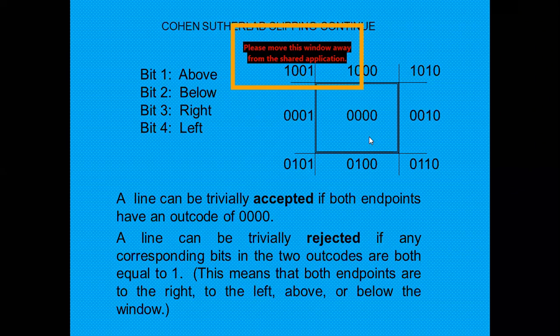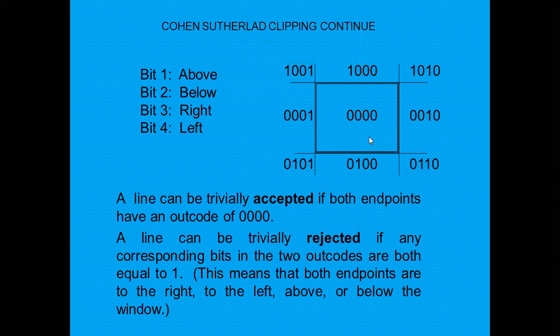So if any line, object, or part of the image has the endpoint outputs 0, 0, 0, 0, then we can say it is lying completely inside the window.